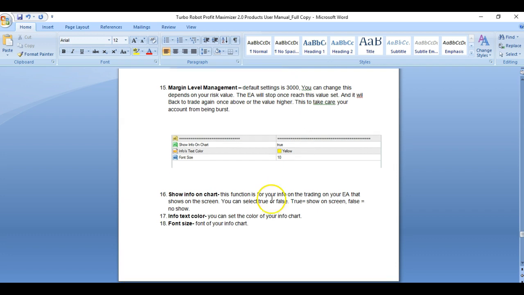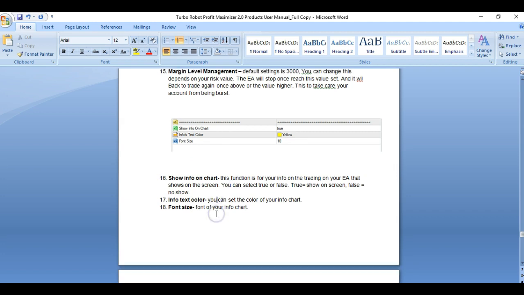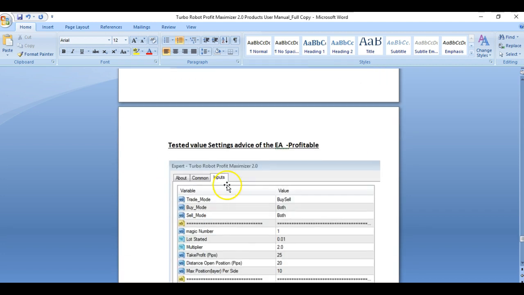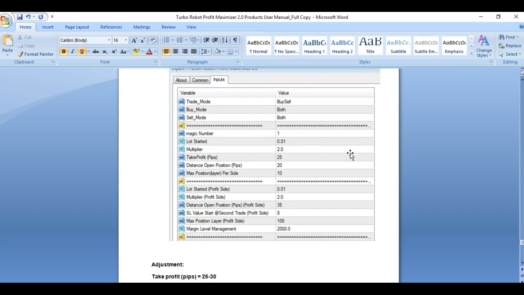All right, so the next option is mainly for display, so it doesn't affect the settings of your trade. It just shows you on the chart where the trade is now and how many levels. All right, so this is our full copy tested value that you can set up.